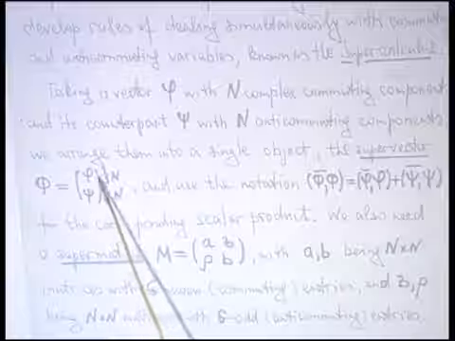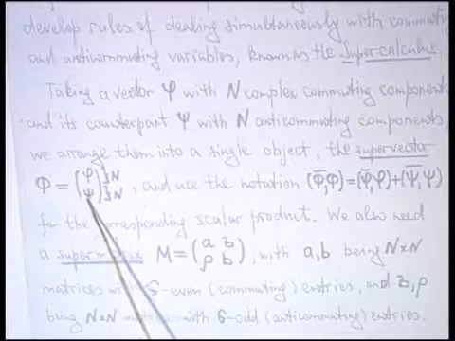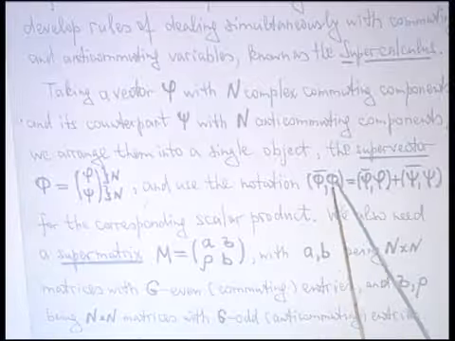The first half are just commuting numbers forming the vector phi, and then follow the anti-commuting components of psi.